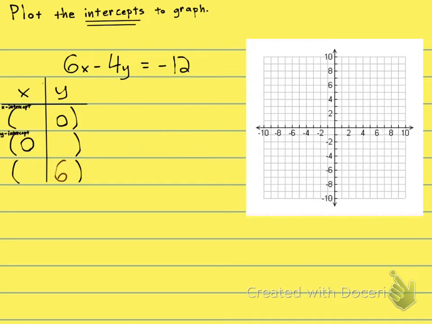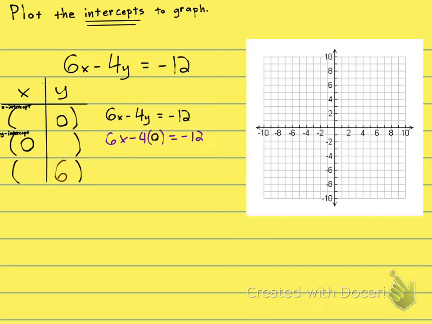Let's write the original equation down, and we're going to start plugging in. So here is my original equation: 6x minus 4y equals negative 12. And I'm going to plug in a 0 for the y. So I have 6x minus 4 times y equals negative 12. Instead of a y, I'm going to put in a 0.